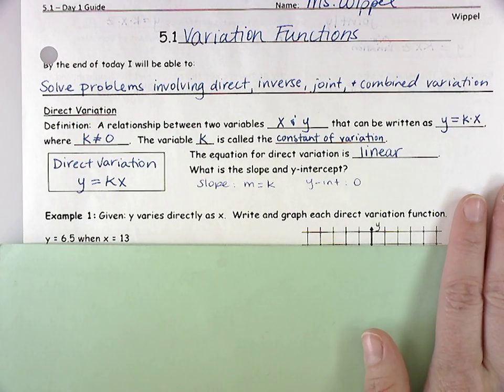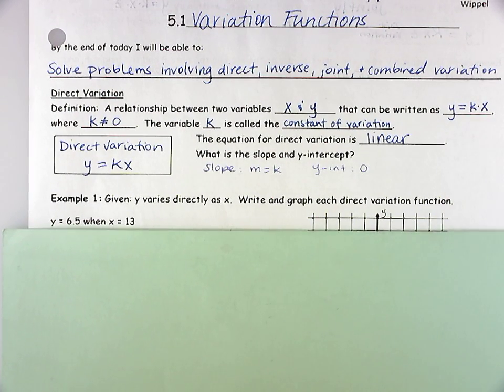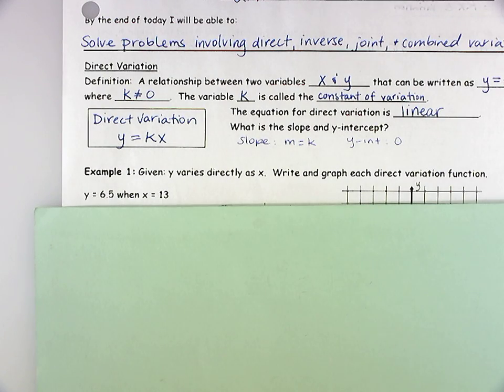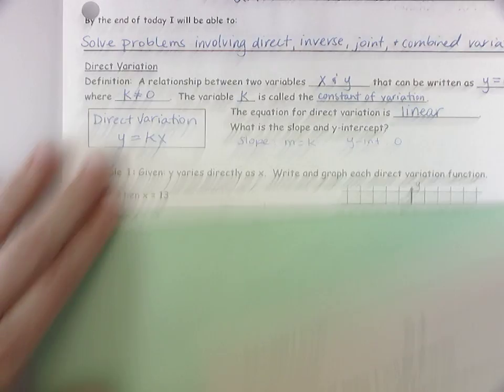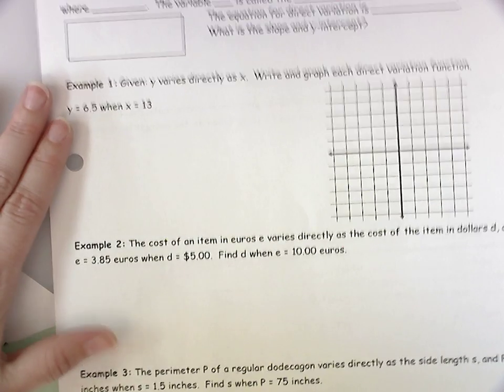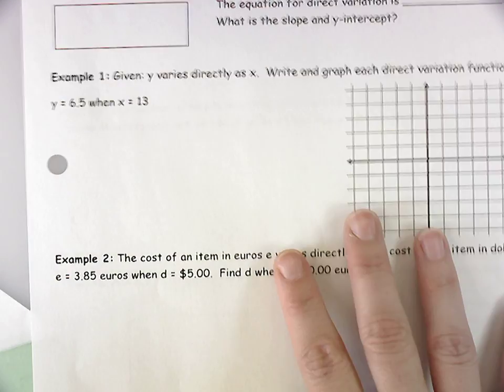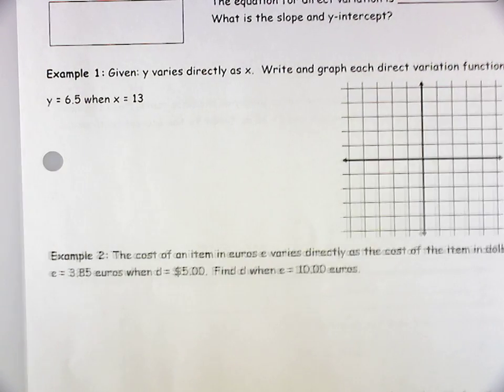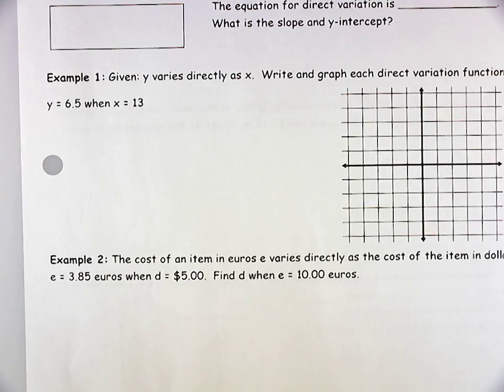Given y varies directly as x, write and graph each direct variation function. So you're given your y and your x. If you have to find the function, actually, I'm going to do this part fresh with you. And if you guys want your straight edges, that'll be awesome because if they're linear, our graphs are going to be straight lines.